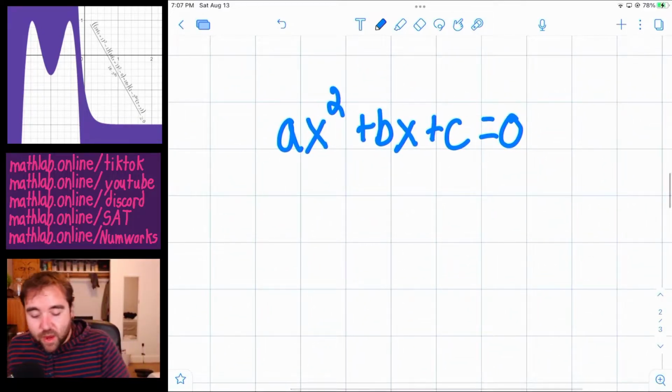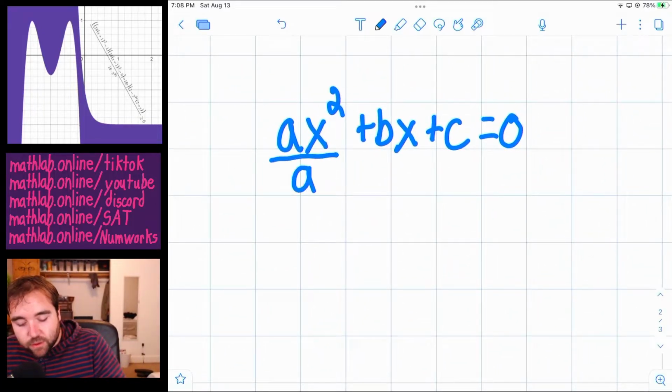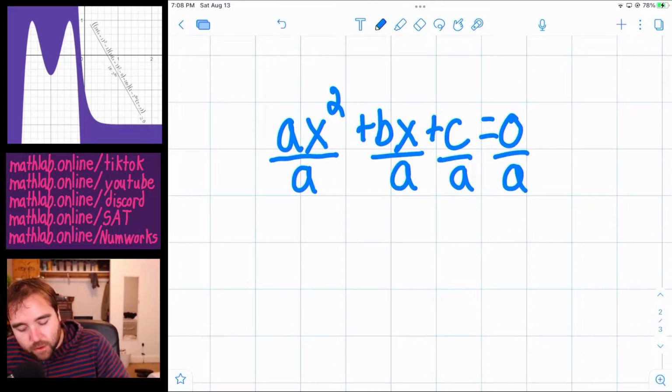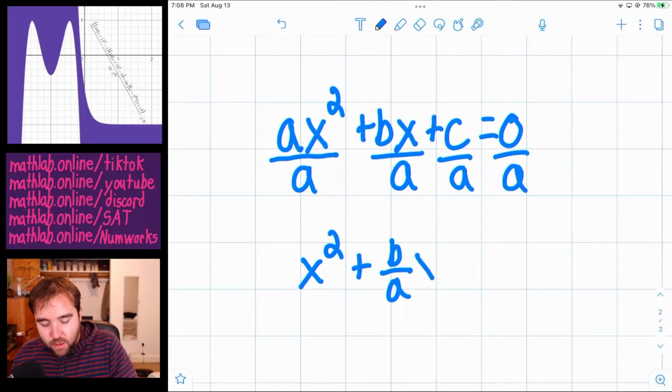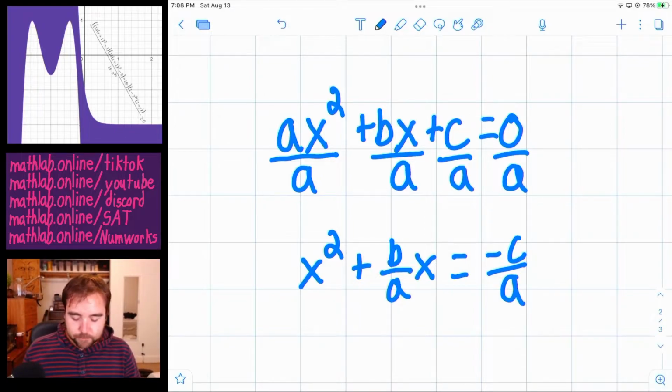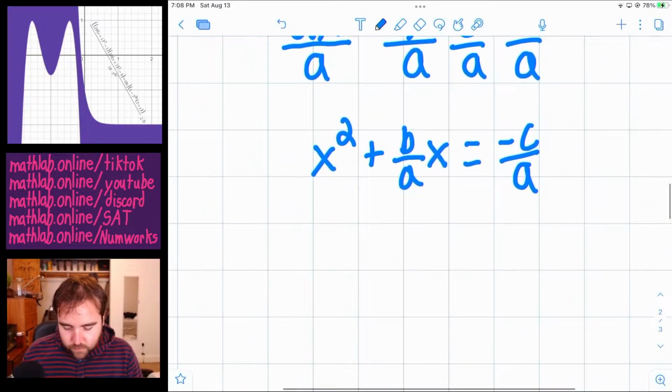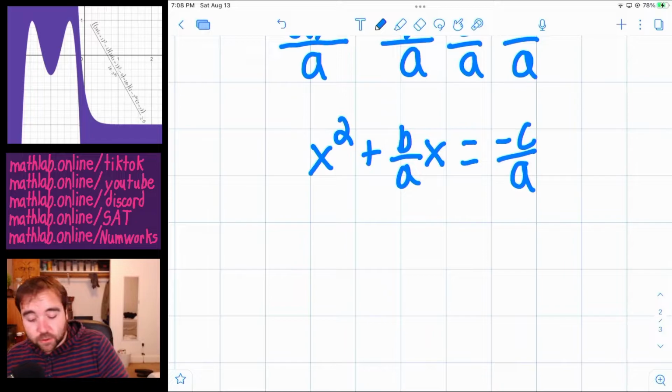So here's how it's going to go. We need to get rid of that a. So we're going to divide everything by a. So now we have x squared plus, all right, b over a, x. And then I'm going to go ahead and ignore this till the end. So minus c over a. So now we do the completing the square step, and it's exactly the same as before.